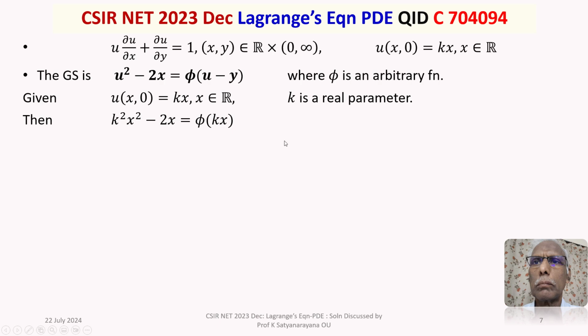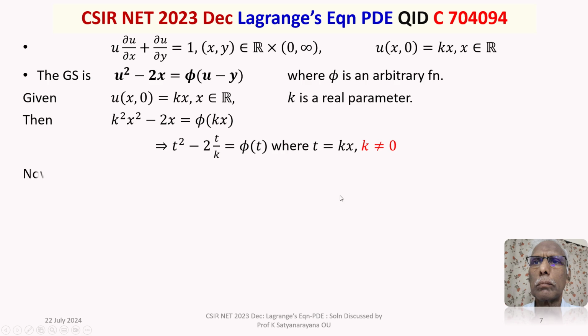Then x = t/k, so k²x² becomes t², and we get t² − 2t/k = φ(t), where t = kx. Remember, k is in the denominator, therefore k is not equal to 0, and you cannot put k = 0 in such a discussion. You have to take care of that.